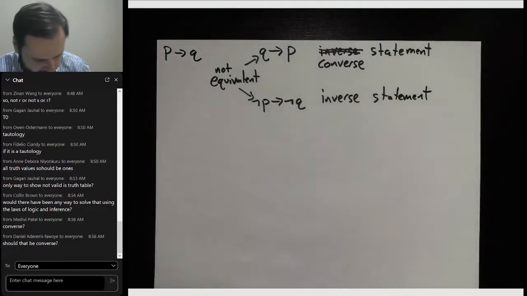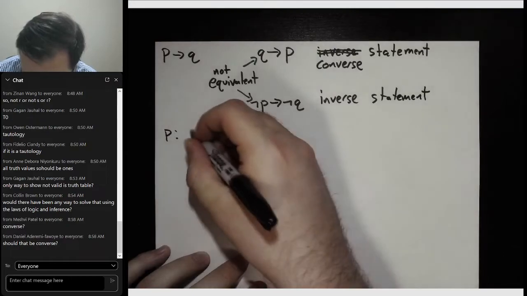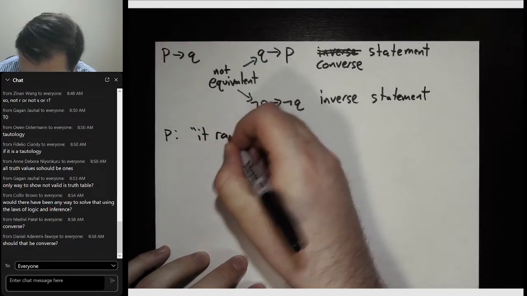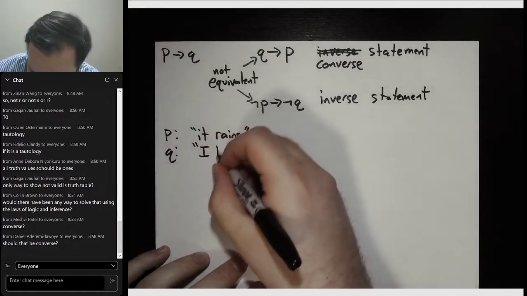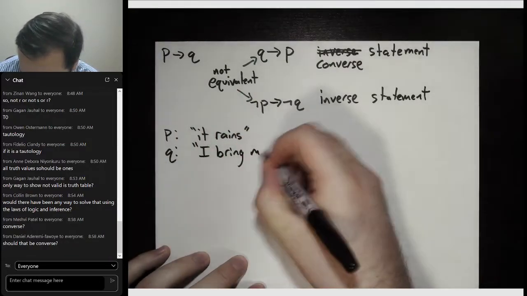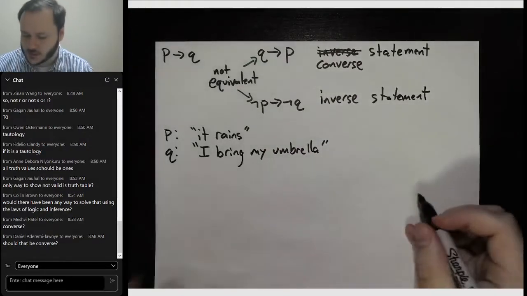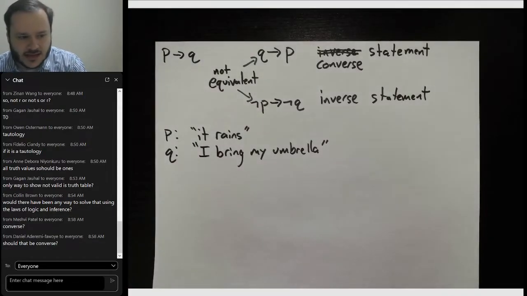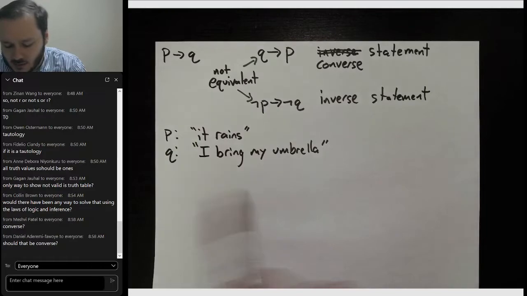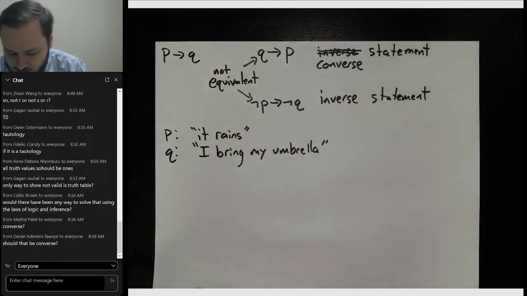So let me write down this example I've been saying. P is, it rains. Q is, I bring my umbrella. If it rains, I will bring my umbrella. And the key idea is that I'm allowed to bring my umbrella even if it doesn't rain.